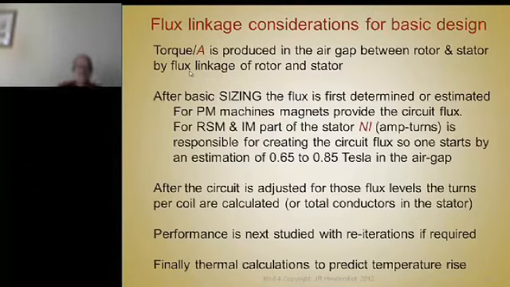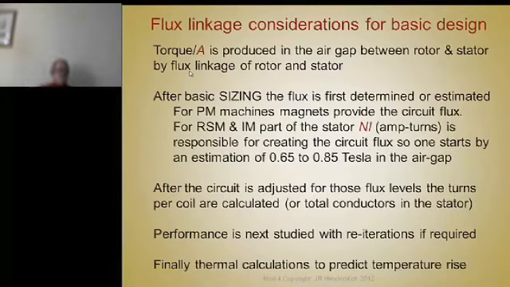So now all you've got to do is figure out how many ampere turns you need for the electromagnetic circuit. Now, in the case of an induction machine and a reluctance synchronous machine, since they don't have any magnets, you start with an air gap flux density that you assume, and then you solve and see what it takes in magnetizing current and number of turns, ampere turns, to achieve that flux density.